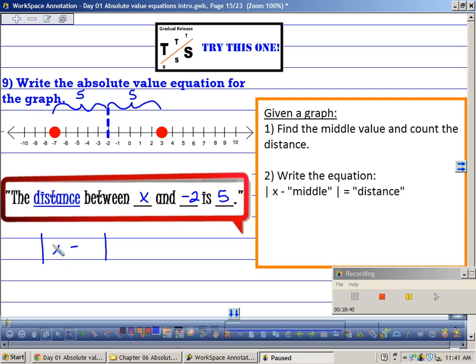The distance between x and -2 equals 5. So we write it like this: the absolute value of x plus 2 equals 5. Questions?